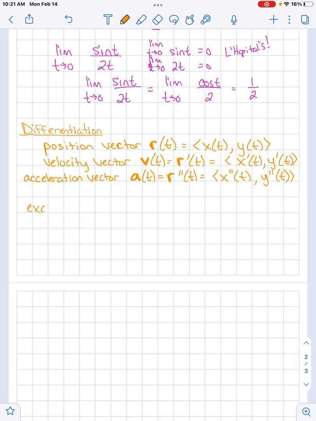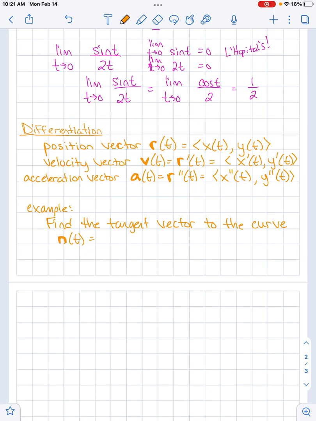So let's find the tangent vector to the curve. Let's use a different variable other than r. How about n of t so I don't have to write it too much?